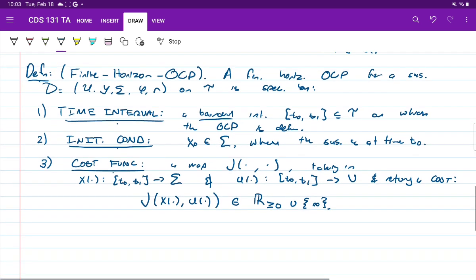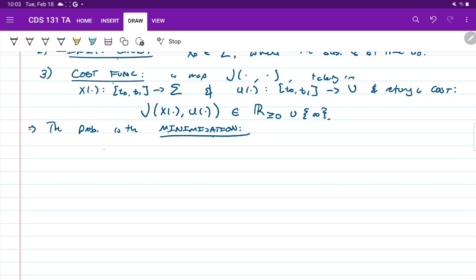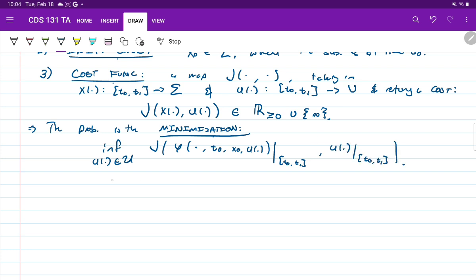All right, so what's the goal of this finite horizon optimal control problem? Well, the problem itself is the minimization: infimum over u belonging to my input signal space U of J of phi of my signal, t naught, x naught, u, restricted to the interval [t0, t1], as well as this input signal u restricted to the interval [t0, t1], like this.